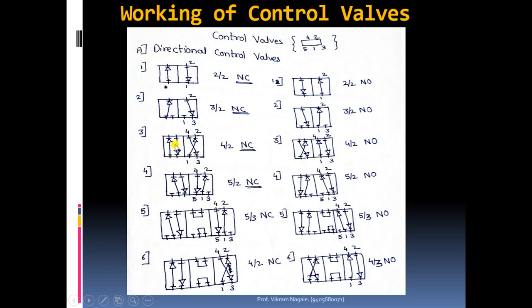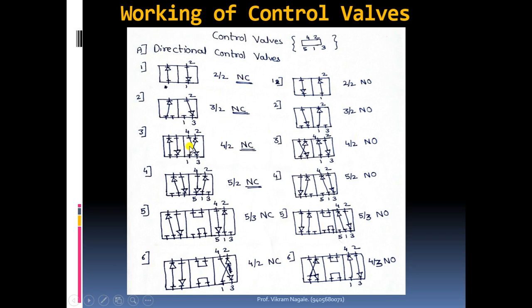Now how to get the difference between NC and NO in case of the valve which is having two output ports, that means 4 by 2, 5 by 2, 4 by 3, 5 by 3. By mistake I have written this 4 by 2, it should be 4 by 3.